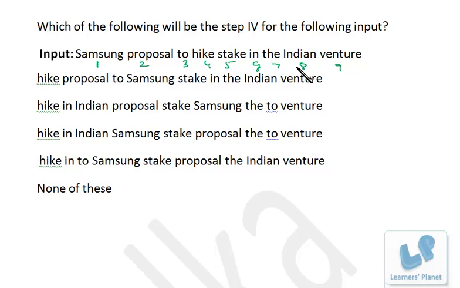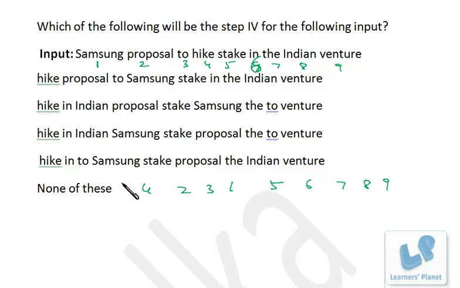Now we have to find out the fourth step. What will be the first step? According to dictionary, hike should come at the first place. So 4 and 1 will exchange their positions. So 4, 1, 2, 3, 5, 6, 7, 8, 9, right?